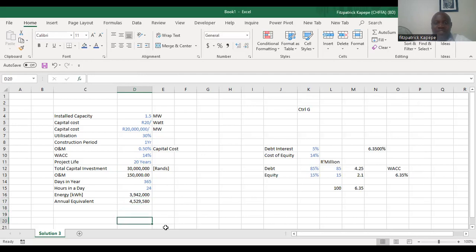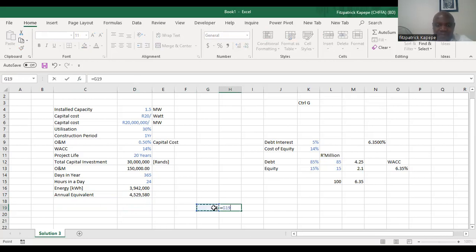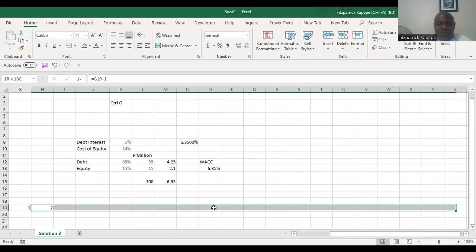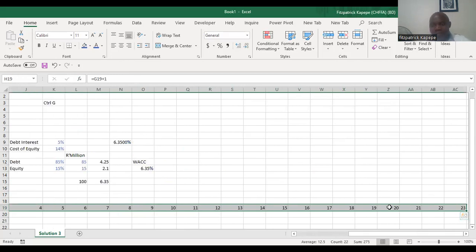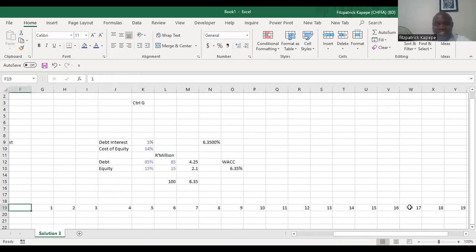So this is the annual equivalent, but how are they getting this number? If I come here and use the principle, just follow so that the concept is clear. So plus 1, up to 20 years. I just want to see if it works out well.